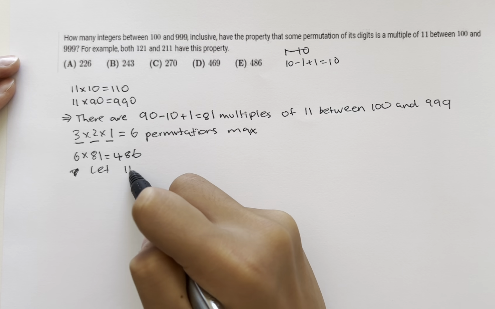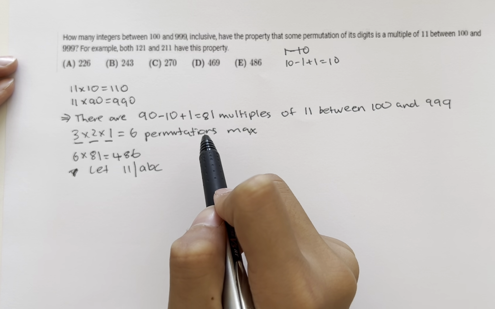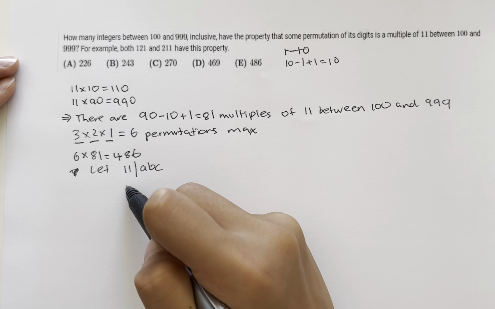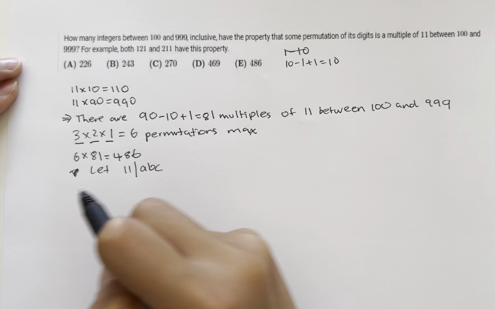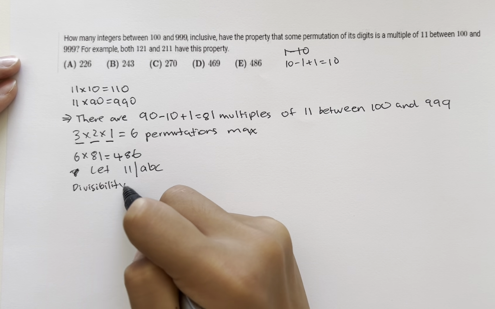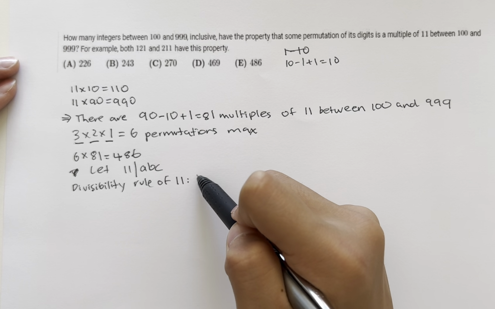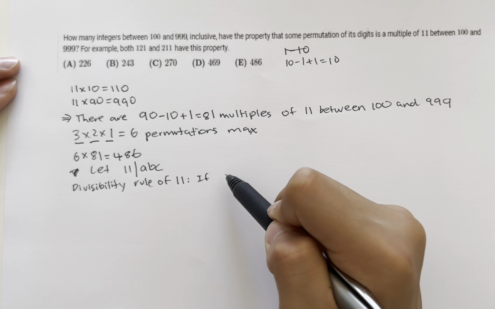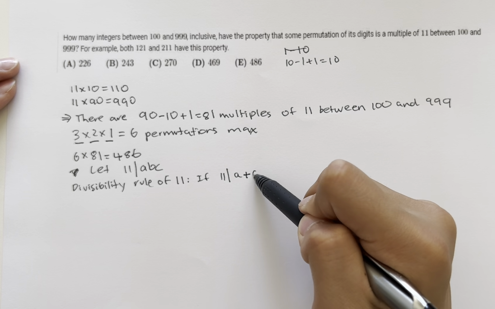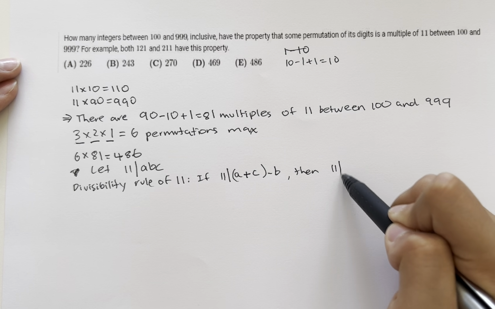Let 11 be a factor of ABC. Well, what is the divisibility rule of 11? We know that if 11 is a factor of a plus c minus b, then 11 is a factor of ABC.